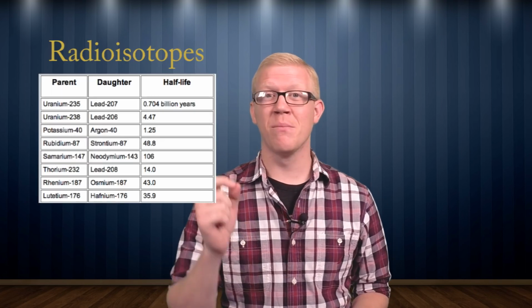But carbon-14 has a relatively short half-life and can't be used to date objects much older than about 50,000 years, which means it's not useful in determining the age of the Earth. But don't worry, there are many radioactive isotopes of other elements that have much longer half-lives, such as potassium-40 with a half-life of 1.25 billion years, and uranium-238 with a half-life of 4.47 billion years.